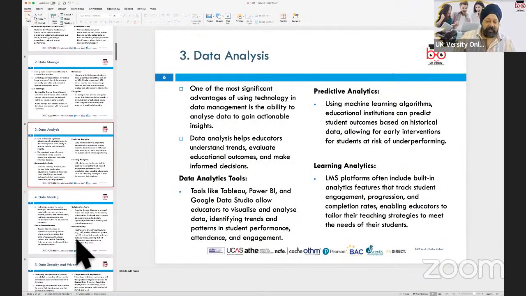Then the next logical step is data analysis. If you have a lot of data, what is that data of any use to you? You have to process it further, and that means synthesizing the data into meaningful reports. This can be done in different formats. Data analysis can be done through software.